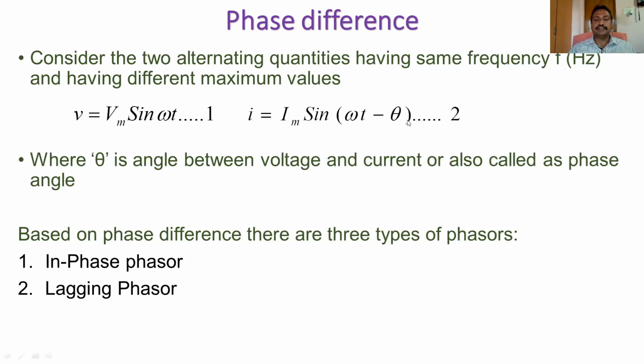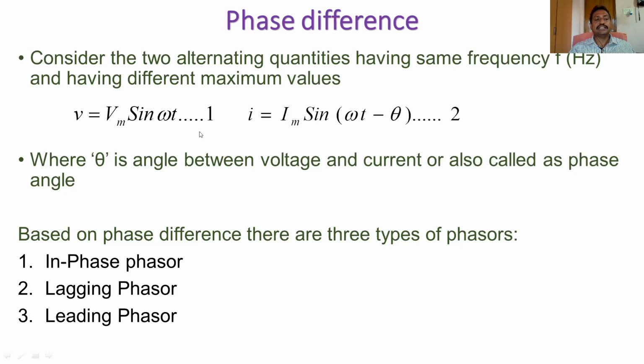If theta is equal to 90 degrees, then the current lags the voltage phasor by an angle of 90 degrees. So plus 90, we have lagging phasors. If it is minus 90, we have leading phasors.